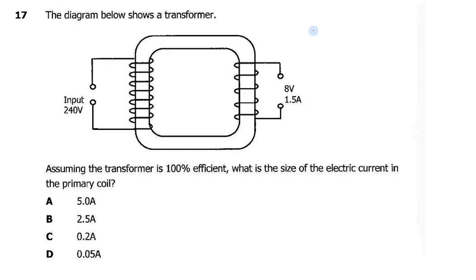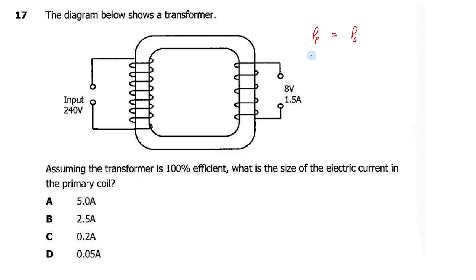When the transformer is 100% efficient, we have been saying that the power input is equal to the power output, or rather power in the primary coil is equal to power in the secondary coil. I hope you have not forgotten.